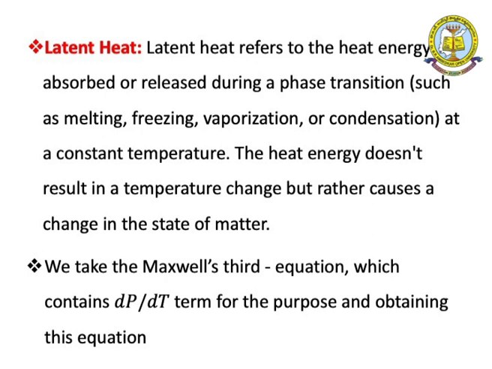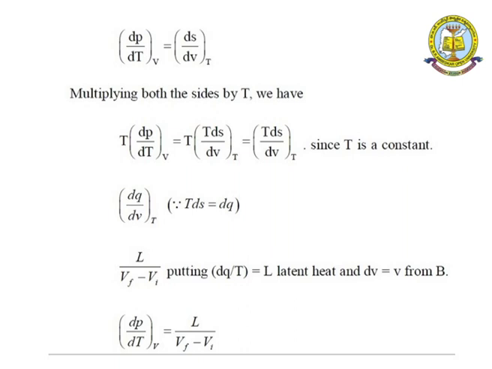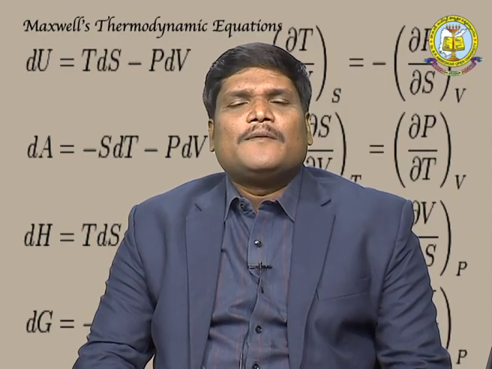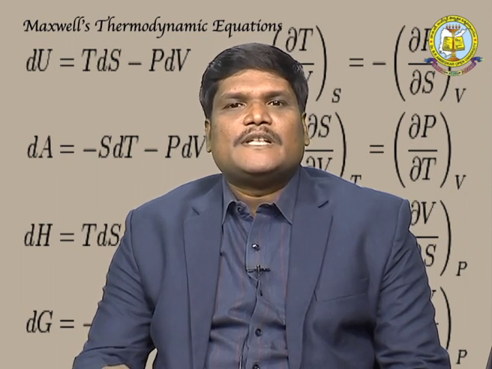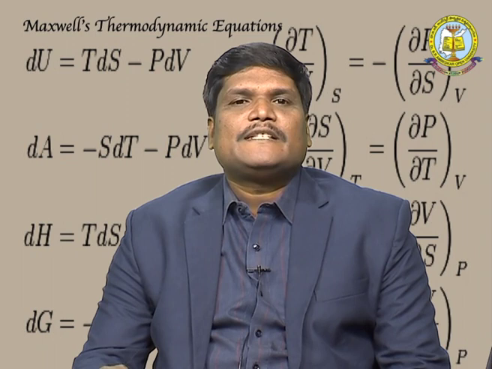So for the Clausius-Clapeyron equation, you can see (∂P/∂T) at constant V equals (∂S/∂V) at constant T. Multiplying both sides by capital T, you have T(∂P/∂T) at constant V equals T(∂S/∂V) at constant T. So T becomes TdS by dV at constant T, where T is a constant.